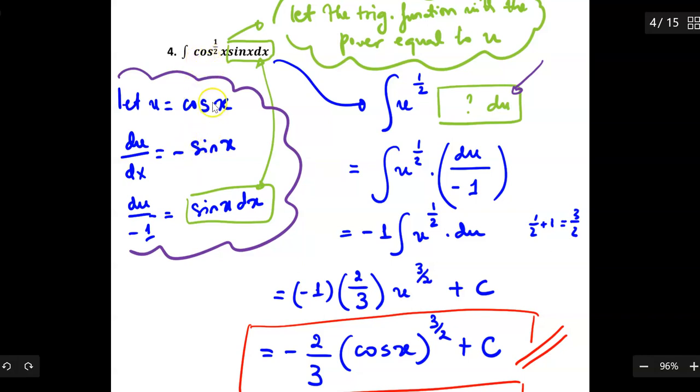Okay, then you differentiate to figure out your differential factor, and now your function turned into u to the exponent a half, then you can go ahead and integrate. Alright, thank you.